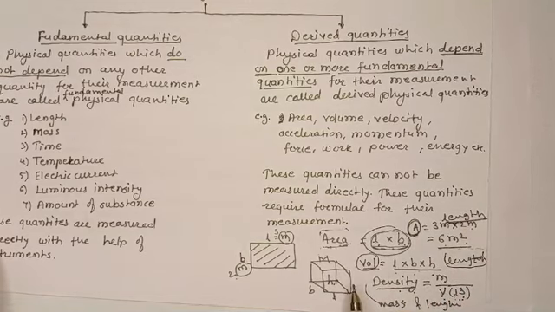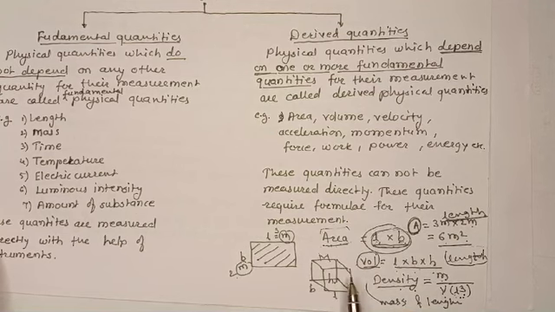Second example, when we find volume of a cube, we have to measure its length, breadth and height. Then using the relation volume equals length into breadth into height, we find volume of the cube. Thus, the measurement of volume depends upon which fundamental quantity?